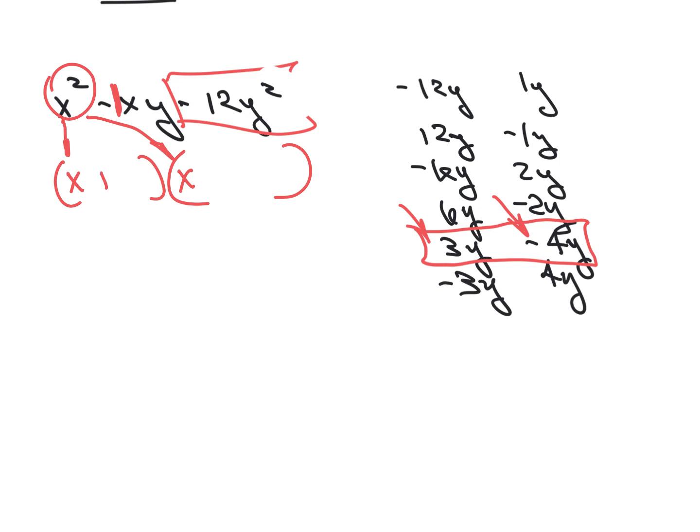And then we're going to do a plus 3y and a minus 4y. And we're done. Now I do it a little bit different than what the book does, but your end result is going to be what we're looking for. So if you use the FOIL method, that's what you'll get.